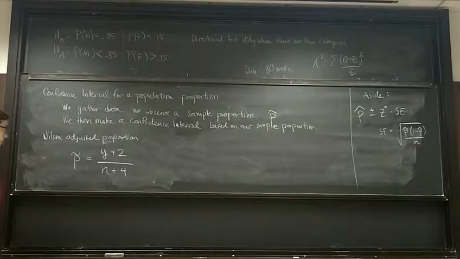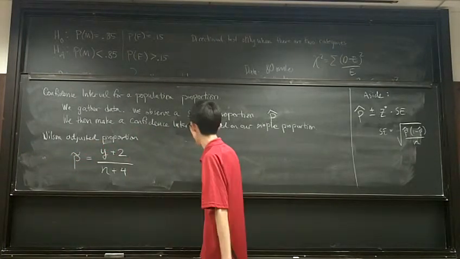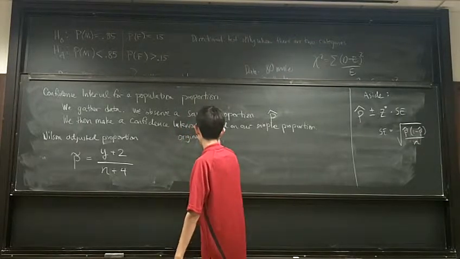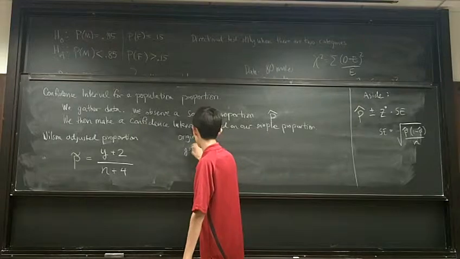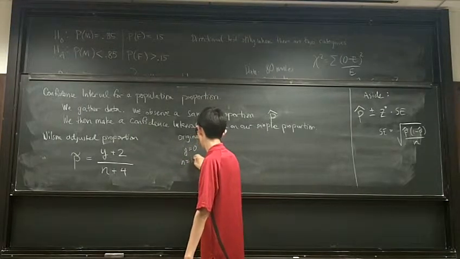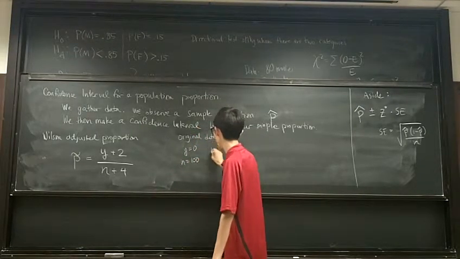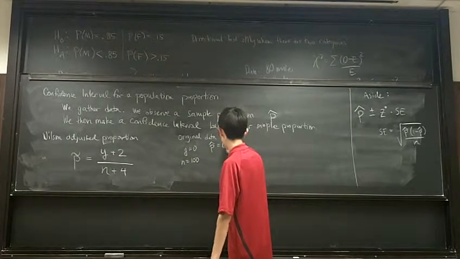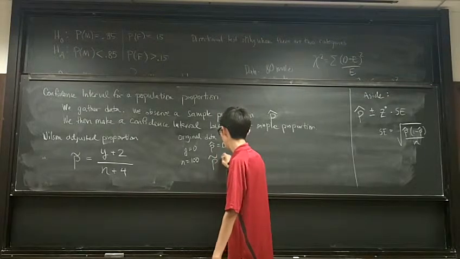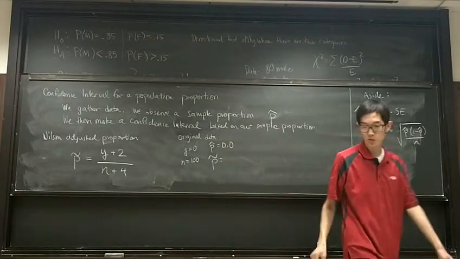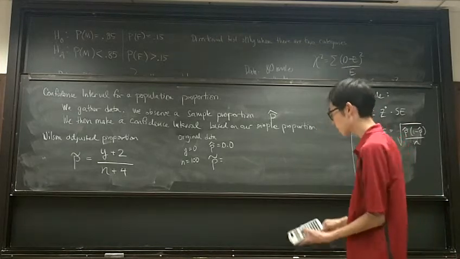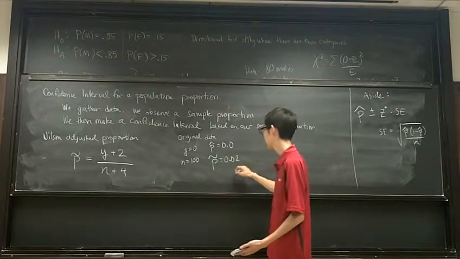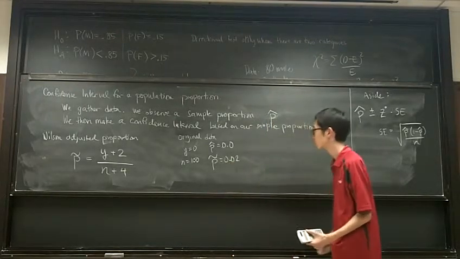If our original data is y equals 0 and n was 100, my p hat would be 0.0, but my p tilde would be 2 over 104, so basically 2%.